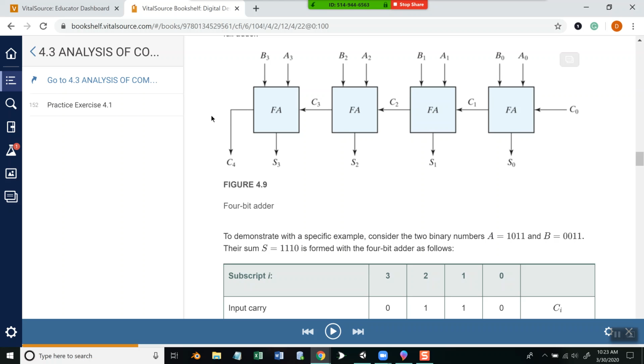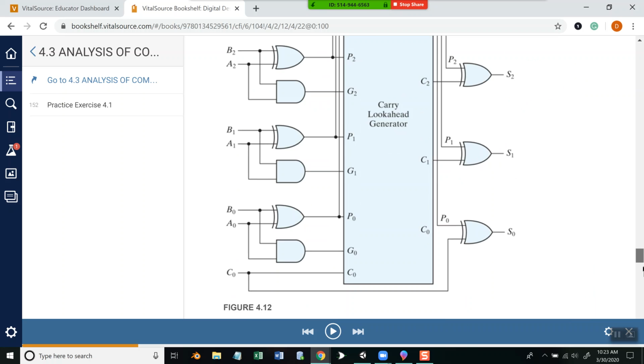Like this, I was trying to find an example. This up here shows that there's a carry coming off here, but it doesn't necessarily have a place where it can go. So that's what they're referring to.